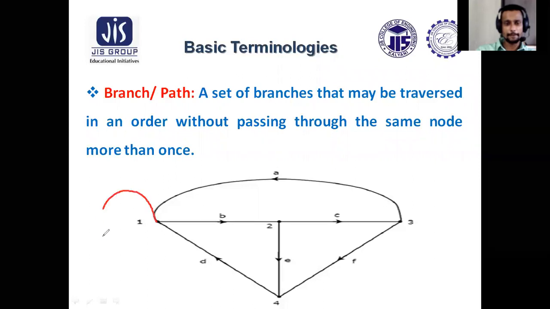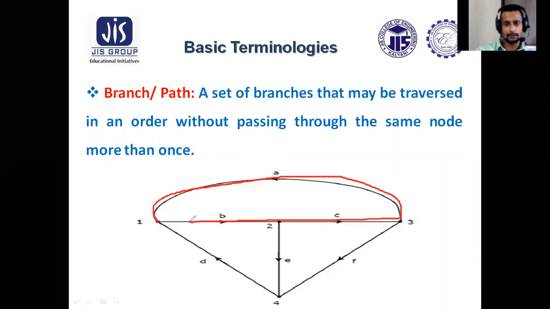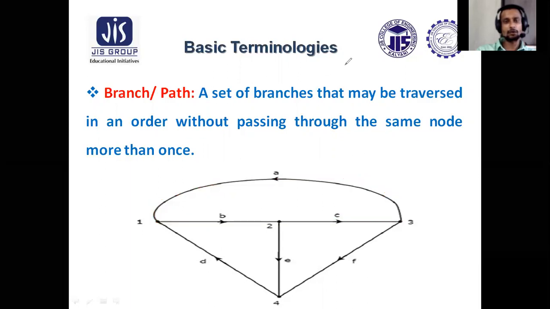Suppose here this branch is passing through node 1 twice, so it cannot be considered as a branch. Or see here, this could not be considered as a branch. These are called loops, which I will be discussing later.